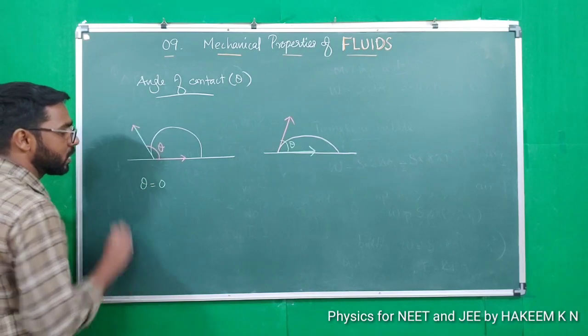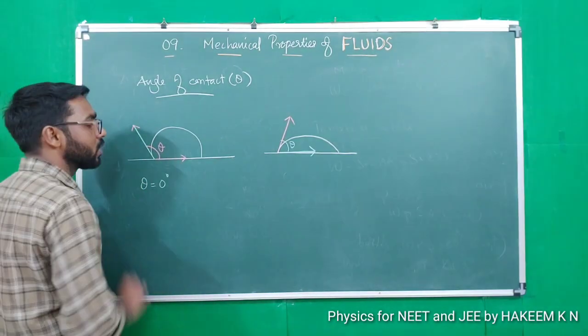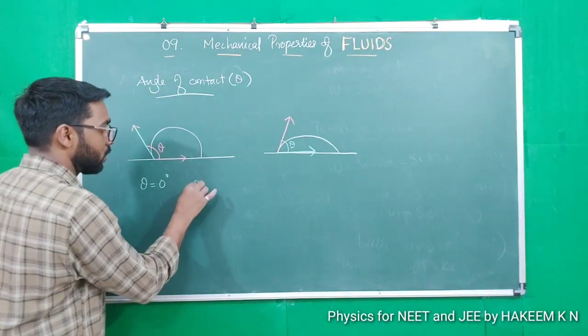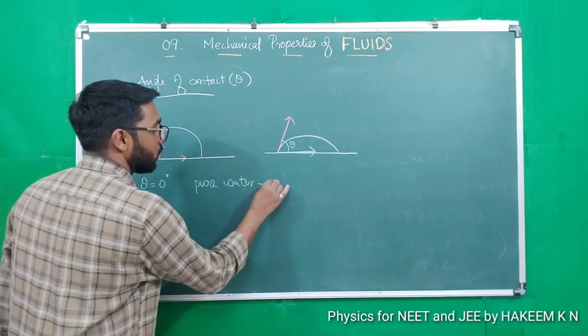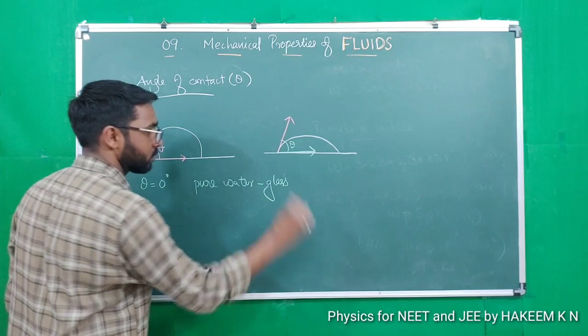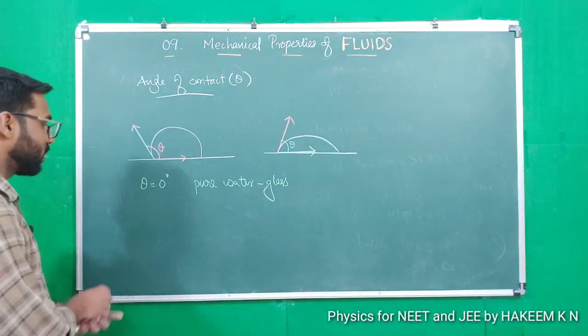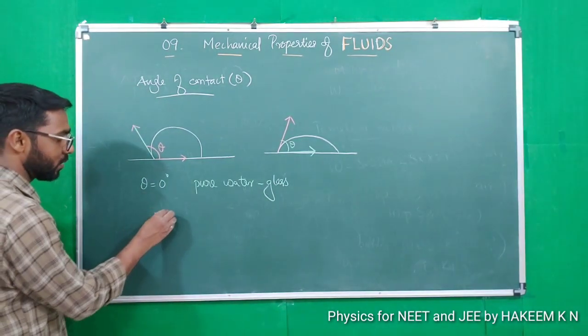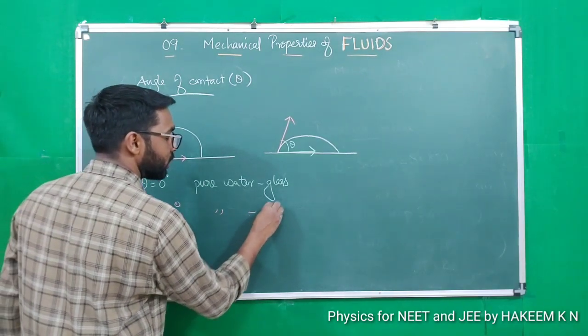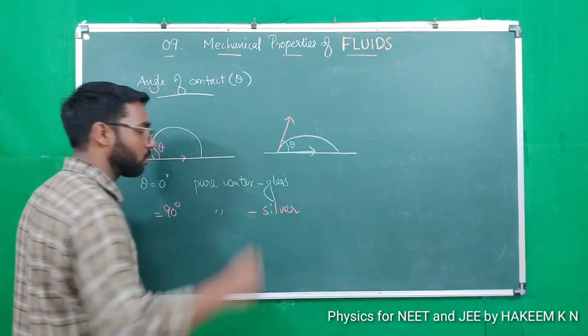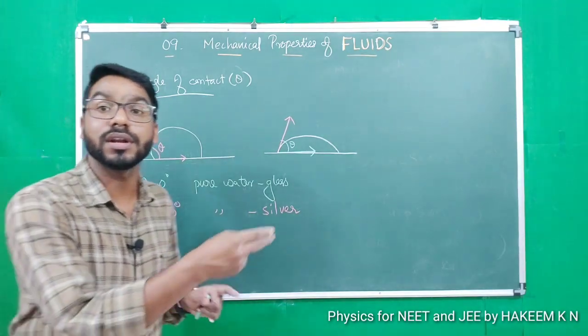Theta equal to 0 degrees for the pure water glass pair. Theta equal to 90 degrees for pure water and a silver coated vessel.